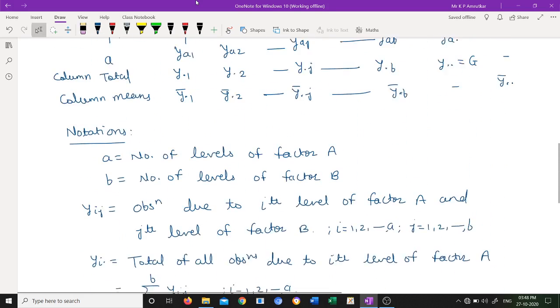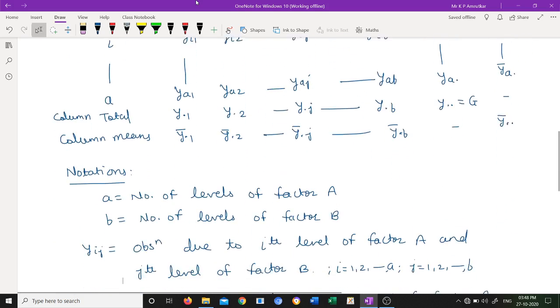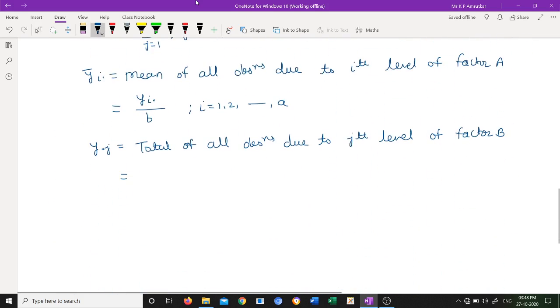This summation is obtained by taking the total of all these, and in terms of summation it is summation i running from 1 up to a of yij. So the formula for this one is summation i running from 1 up to a yij. This is for all j equals 1 up to b.